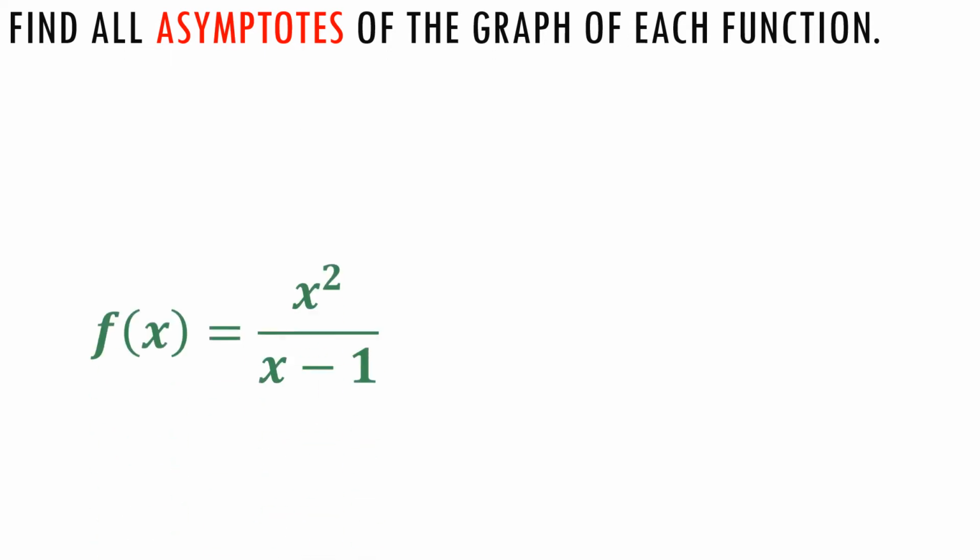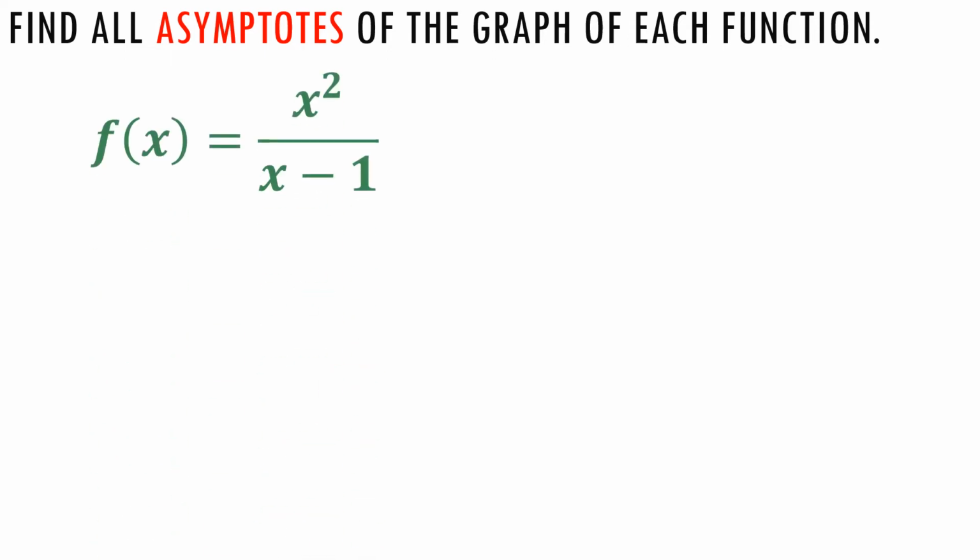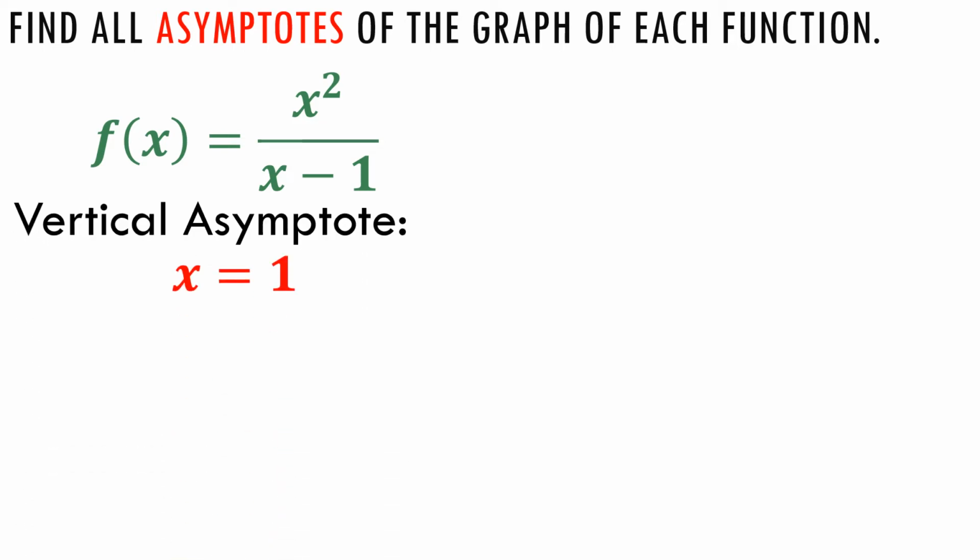Another example, we have f of x equals x squared all over x minus 1. For the vertical asymptote, let's find the value of x that will make the denominator equal to 0. So that is x equals 1. For the other asymptote, let's look at the degree of the numerator and the denominator.